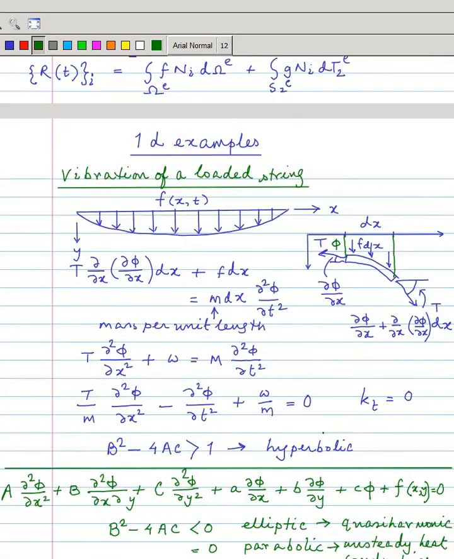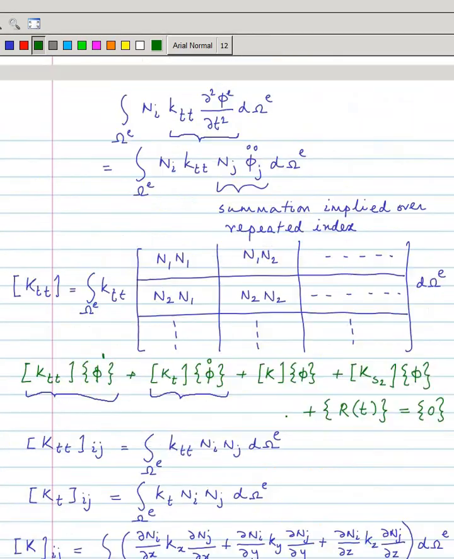This one is also actually N transpose N. So this is N transpose N. This is N transpose N, isn't it? So this is N transpose N.